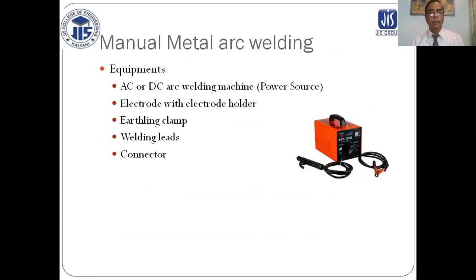Manual metal arc welding equipment: AC or DC arc welding machines, power sources, electrode with electrode holder, arcing can, and welding leads, connectors. These are the connectors, and this is the electrode holder, and this is the connector, the welding leads.